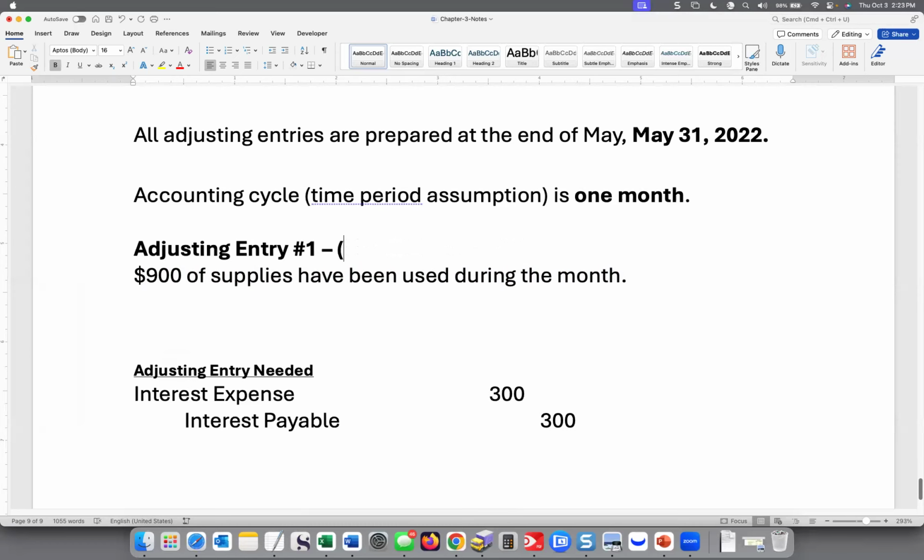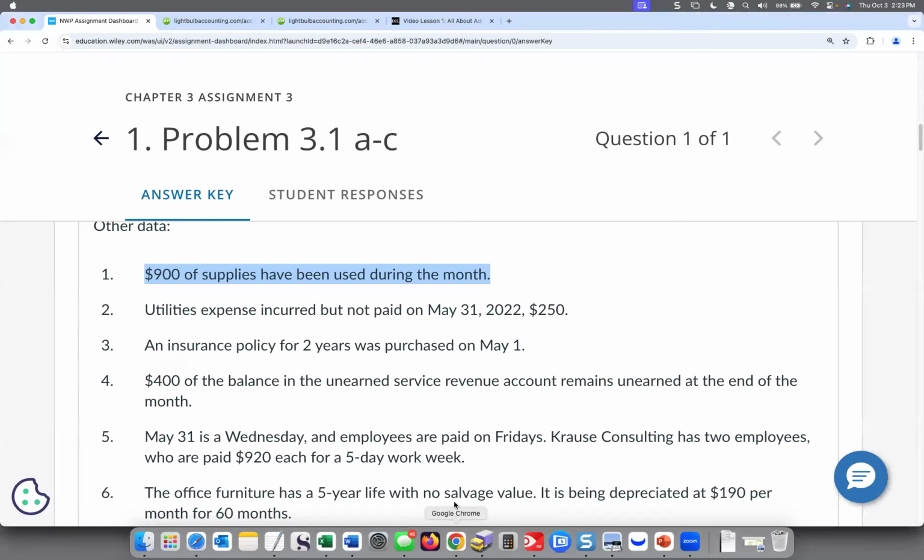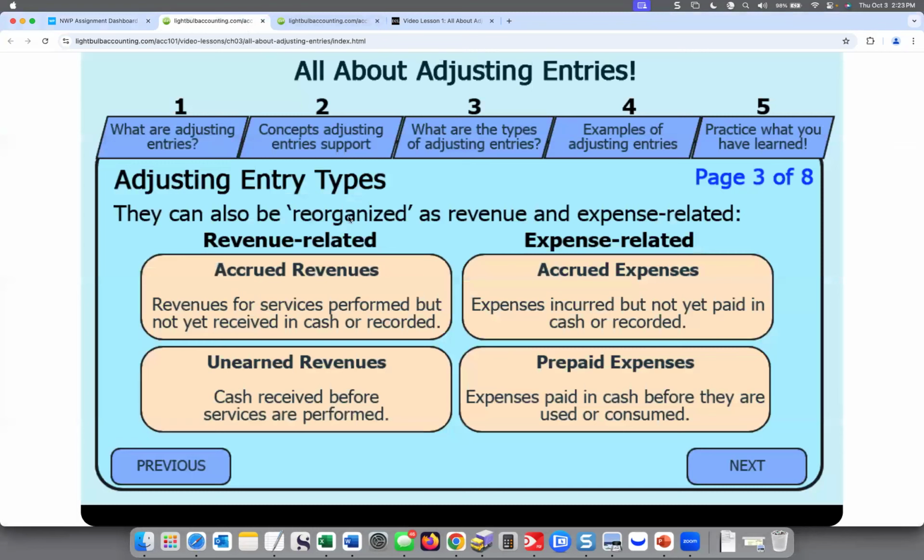So when we're talking about the use of supplies, would that be a revenue related thing or an expense related thing? It would be a what? Expense related thing. So then the revenue choices are not applicable. Now we're looking at either accrued expenses or prepaid expenses. So an accrued expense is just an expense that is accumulated over time.